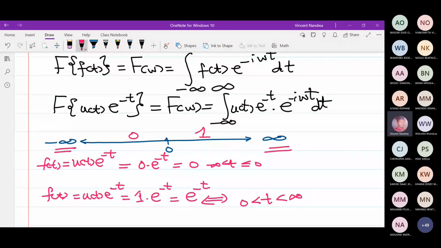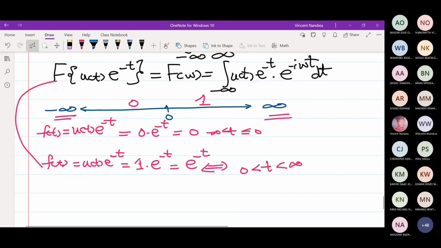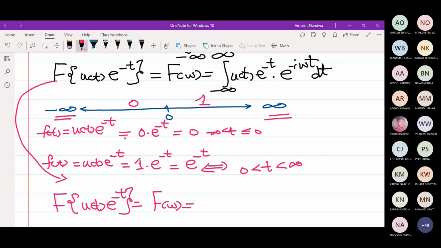So now, instead of integrating from minus infinity to infinity, we are going to integrate from 0 to infinity. Reason being, from minus infinity to 0, f of t is 0, and when you carry out the integration it is 0, so it doesn't add any value to the integration problem. So the Fourier transform of u of t e raised power minus t will be F of omega.